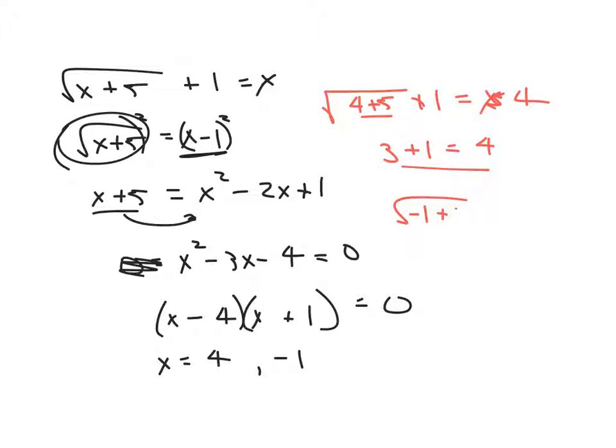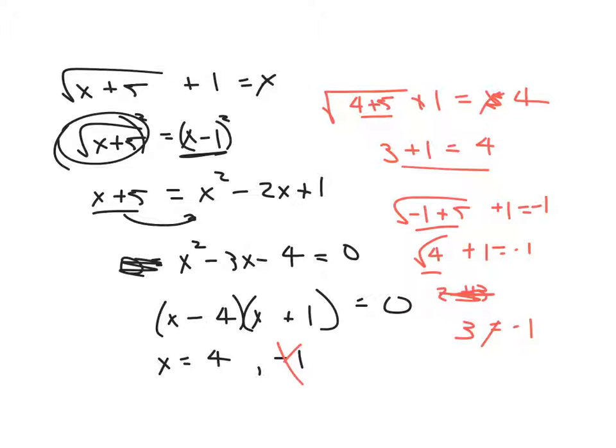Negative 1 plus 5 plus 1 equals negative 1. This gives me 4. And as you can see, that's going to give me square root of 4 is 2 plus 1 is 3 equals negative 1. That does not work. So negative 1 does not work for this problem, only 4 does. So that's why you have to check it.